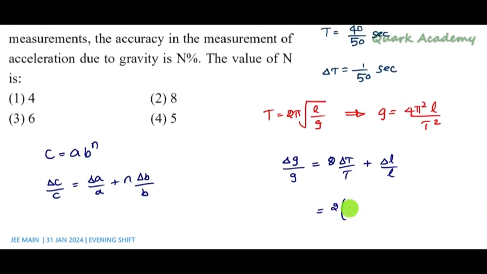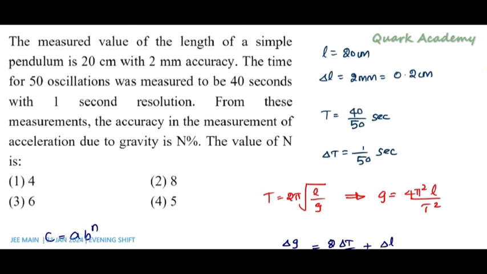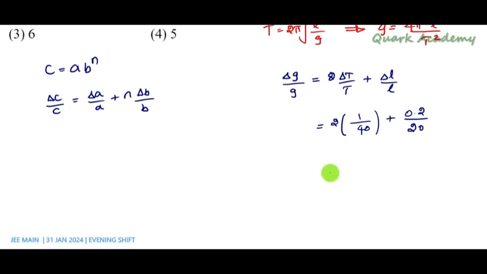If I write, I will get 1 by 40. So that both the terms have 50 in the denominator, that will get cancelled. Plus delta L by L, 0.2 by 20. So L and delta L. We simplify this, we'll get 1.2 by 20.